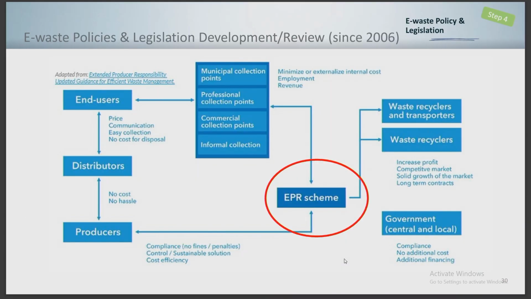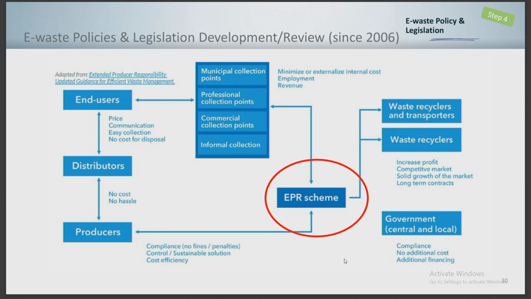What is important in this legislation, and this is maybe one example, is that you get some financial model in order to make this work. Without finances, it will not work.